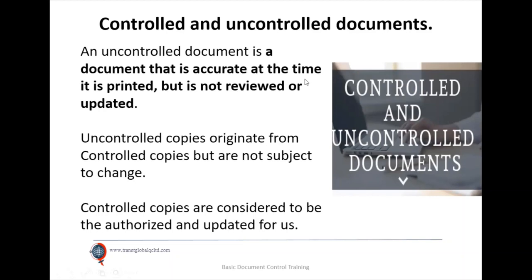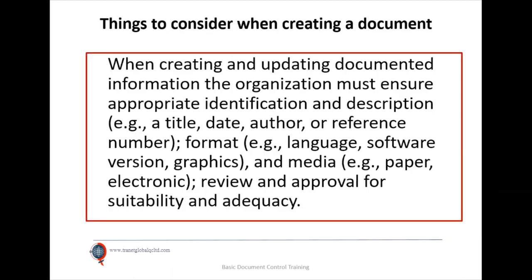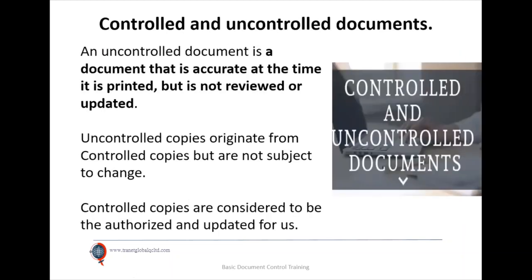You can, for example, stamp the one you are sending out to your client as an uncontrolled copy, so that at a glance it tells them that this copy, at this point in time that I'm receiving it, is accurate for use. However, there's a copy elsewhere that may be subject to updates.